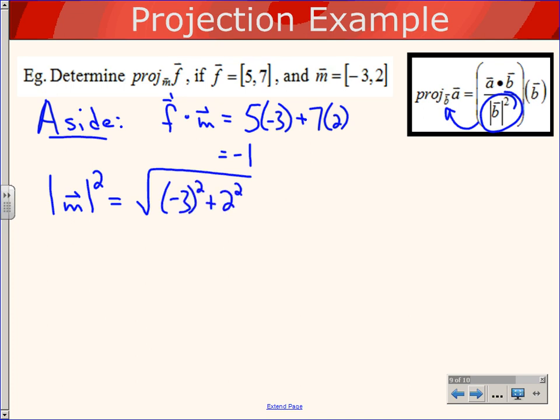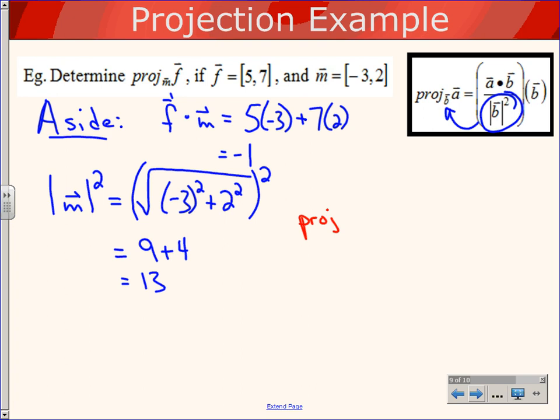That's just the magnitude of it. And then we square that. So the square root and the squared part disappears. And you're left with 9 plus 4, so just 13. So the magnitude of vector M squared is 13, sorry. That's all of the work that we had to do on the side.